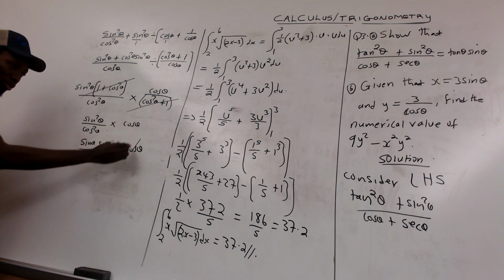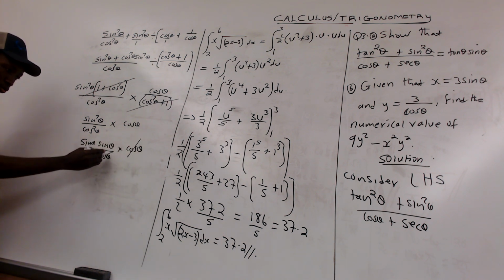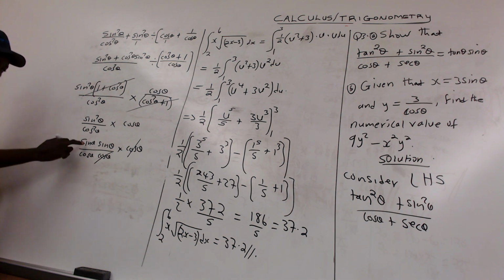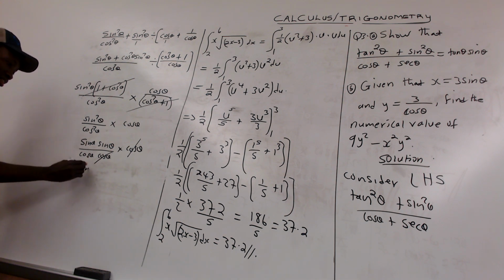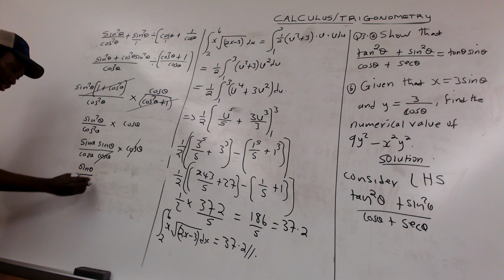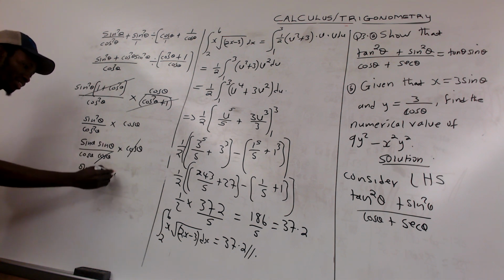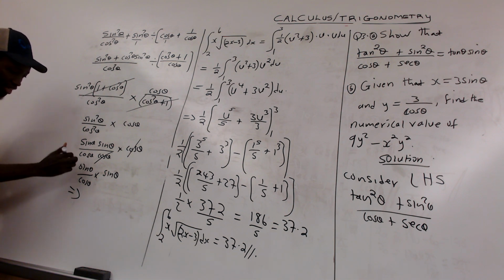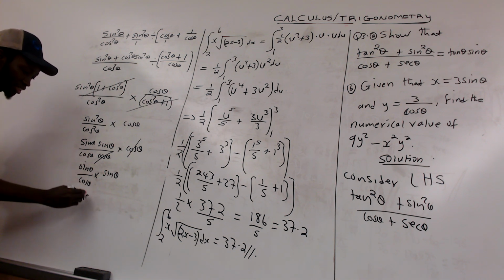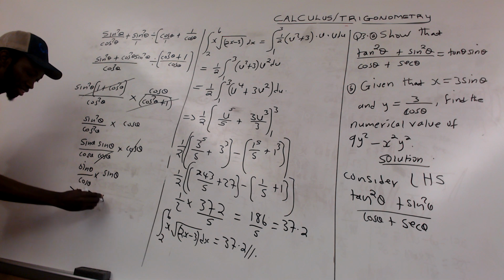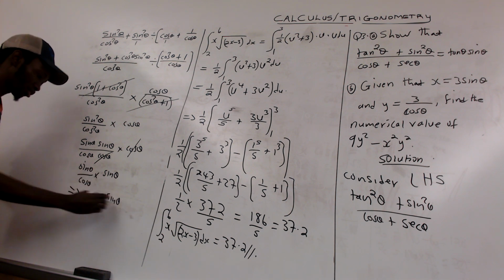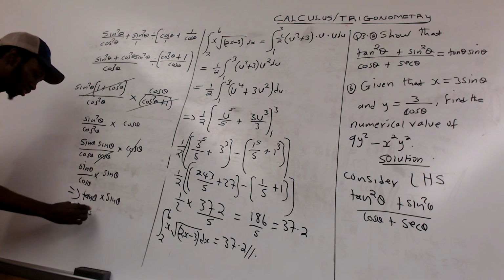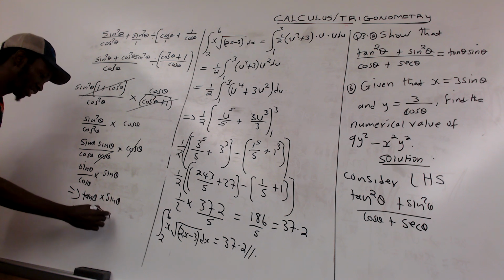So therefore, 1 cos theta will cancel 1 cos theta here. So it's going to remain sin theta divided by cos theta times sin theta. So therefore, sin theta divided by cos theta is easily tan theta, times this sin theta. So this gives us the derivation to be tan theta sin theta.